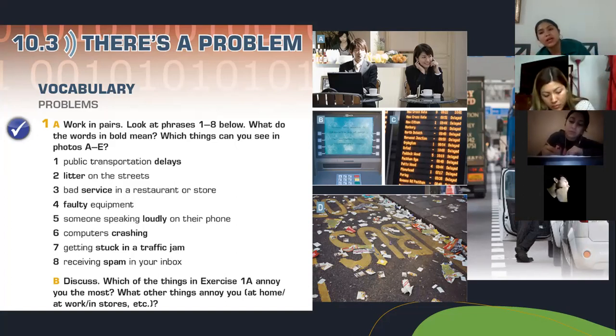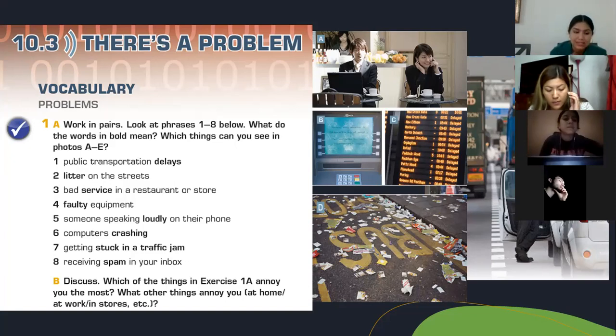Por ejemplo, this is very common to find in an airport or in a bus station or everywhere. When, for example, your flight is at 6 o'clock. It is 6:30 and you are still in the airport. What does this mean? It means that the airplane or the flight is delayed, está retrasado. Entonces, delays, pues es que se retarda, right?